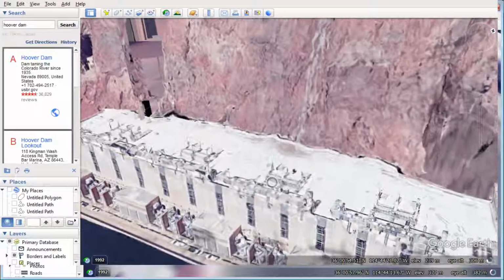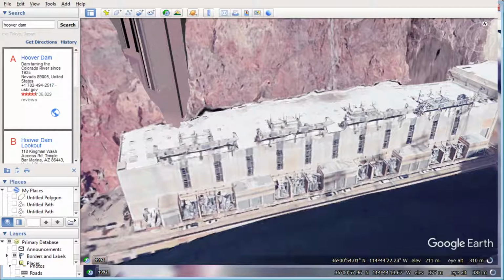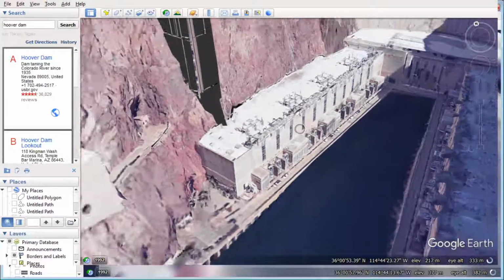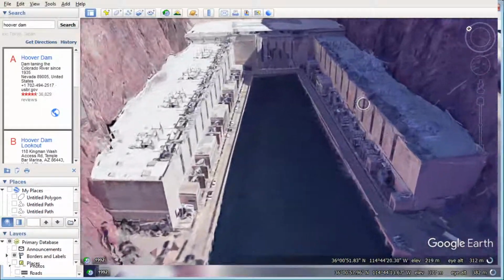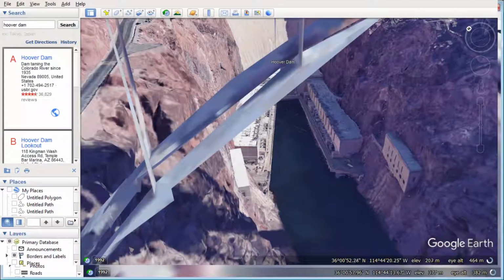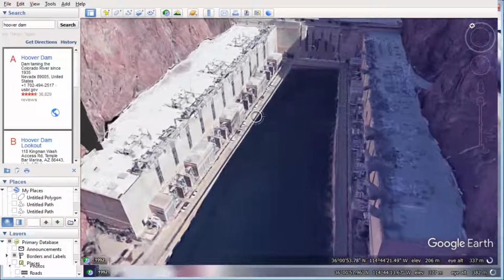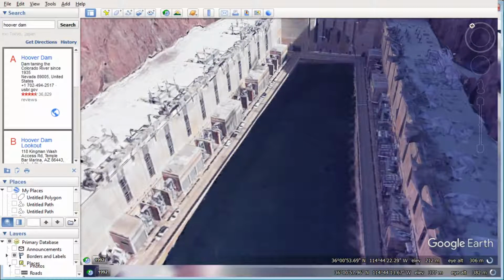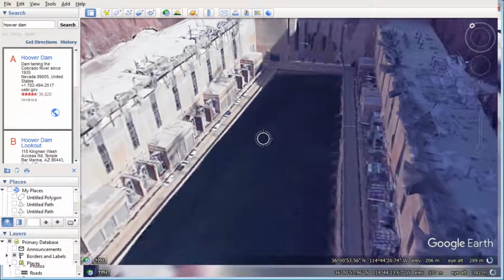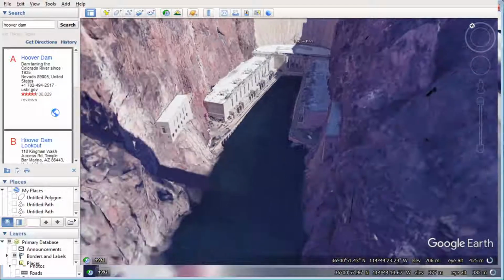This building houses the turbines, and similarly this building. On both sides of the dam, tunnels are carrying water and running the turbines, and after running the turbine the water is released into the tailwater, which is the downstream water of the river.